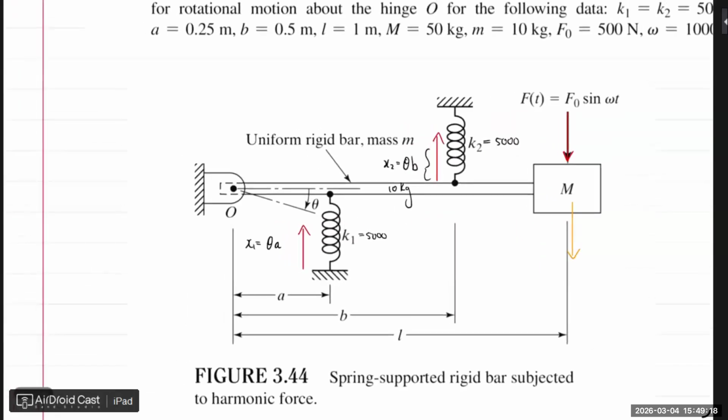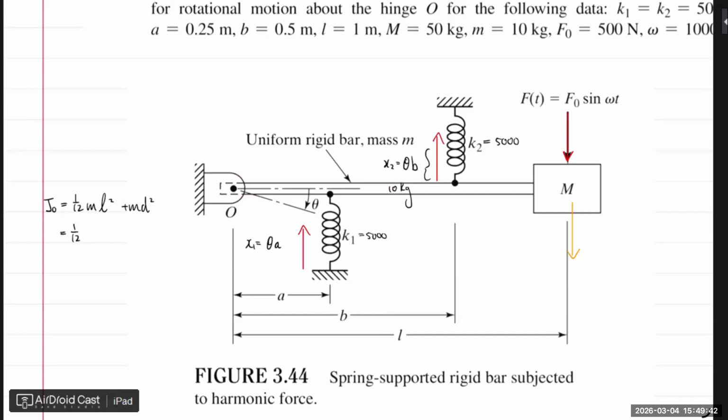We also know that the J part is 1/12 ml squared plus md squared, because the middle is not in the exact, it's not just one thing in the middle, right? It hinges here, but here's the gravity, the center of gravity.